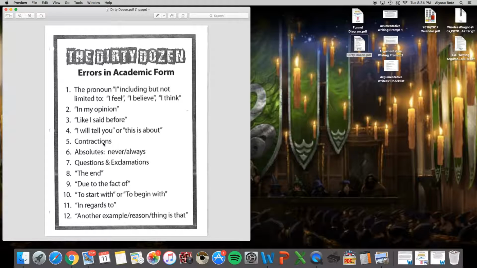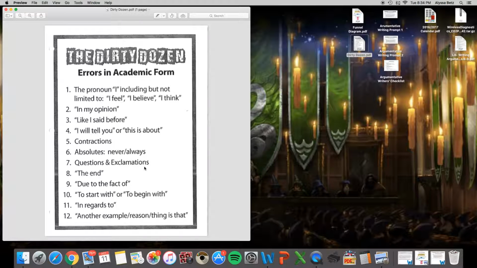So you want to make sure you do not include any contractions in your academic writing. You never want to use absolutes like never or always. You want to stay away from questions or exclamations. And you definitely do not want to end your paper with the end. I know you might think it is impactful or funny, but the scores for the PSSAs do not.